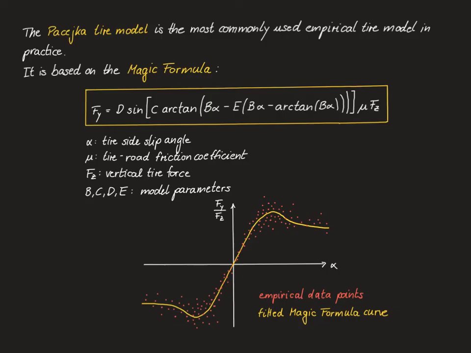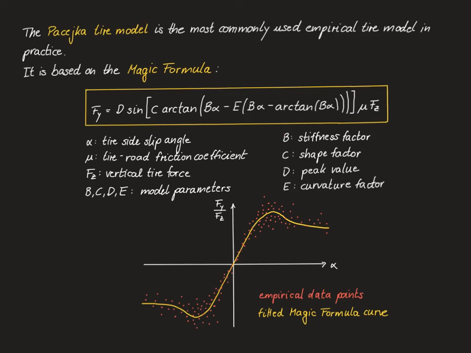And then we fit our model parameters B, C, D, and E so that the magic formula curve fits as good as possible to the empirical data points. This fitting process, of course, requires a little bit of experience. And in practice, there are a few more parameters than just our parameters B, C, D, and E.